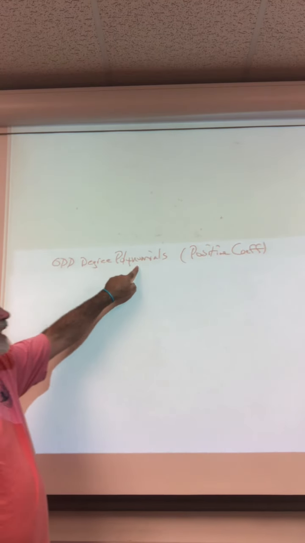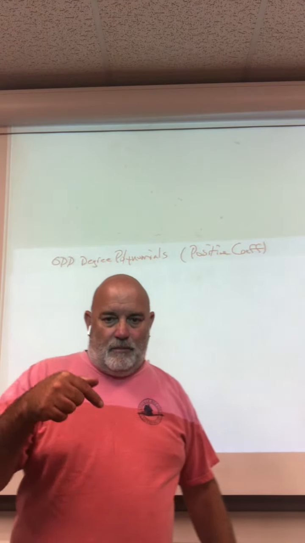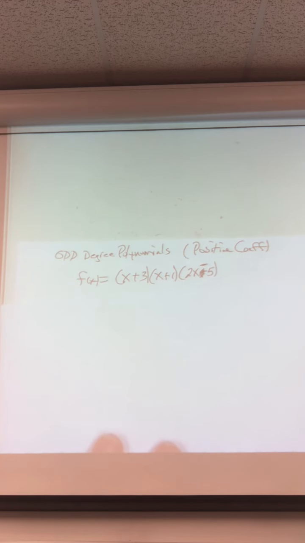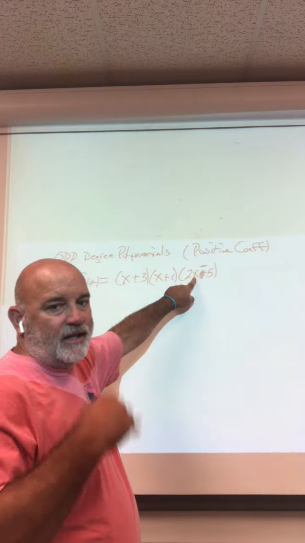Now, let me give you an example of the odd degree. If it's an odd degree polynomial and a positive leading number, let me give you a visual. That's right here. You say, well, how do you know this is an odd degree? What's x times x times x? X to the third.